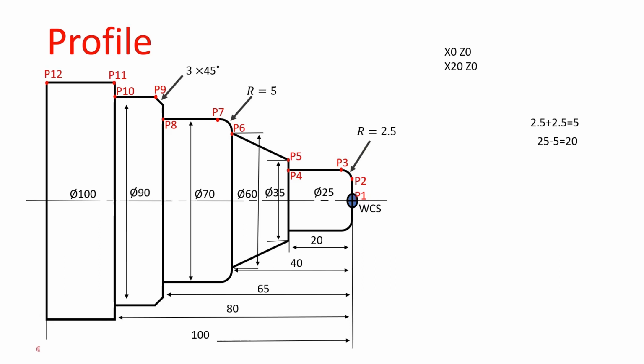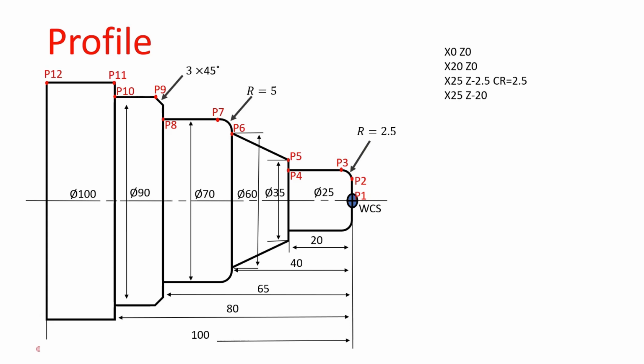Next, P3 point value is X25, Z minus 2.5, CR equals 2.5. Next, P4 point. That point value is X25, Z minus 20. 25 is the diameter, and minus 20 is the length. Next, P5 point.